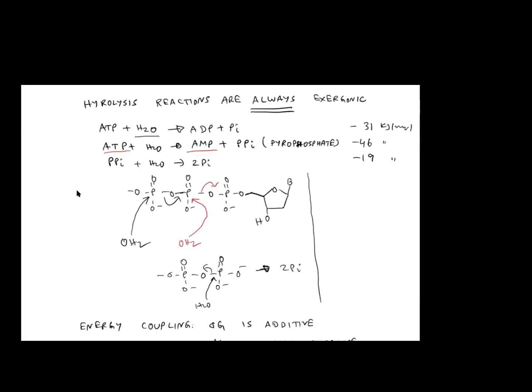Does it have to do with the localization and delocalization of electrons? So it has to do with charges, right? There's a lot of negative charge in the ATP. When you hydrolyze it, then you dissipate some of that charge, right?